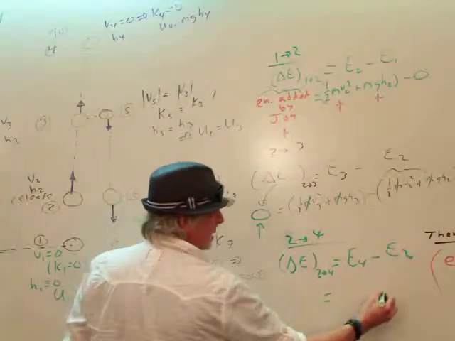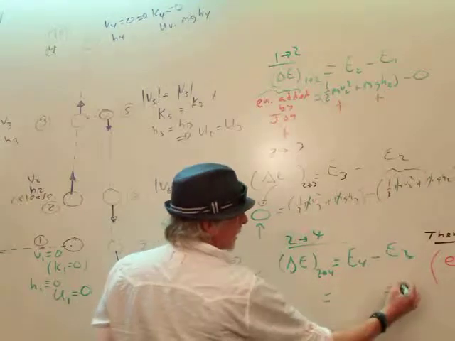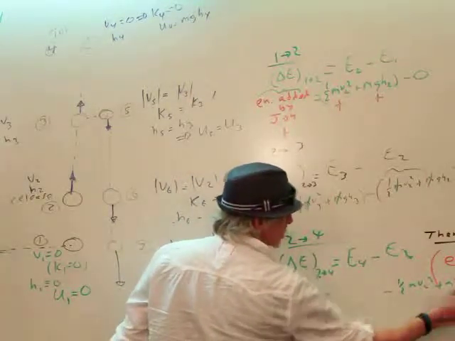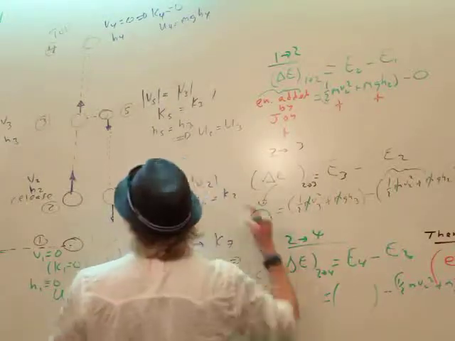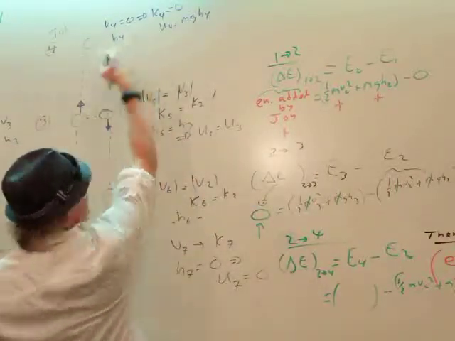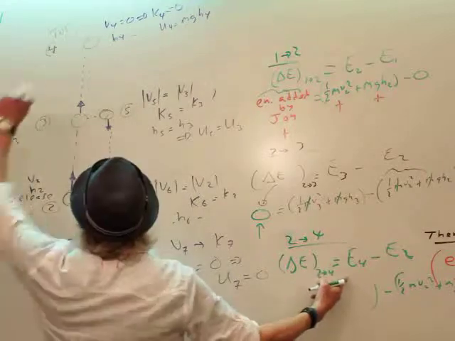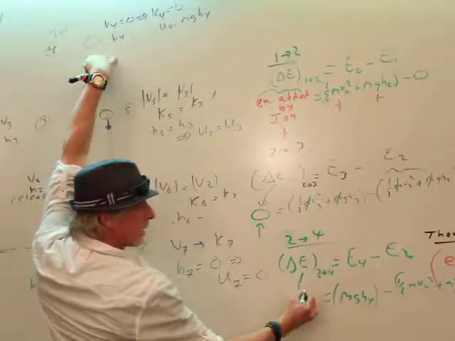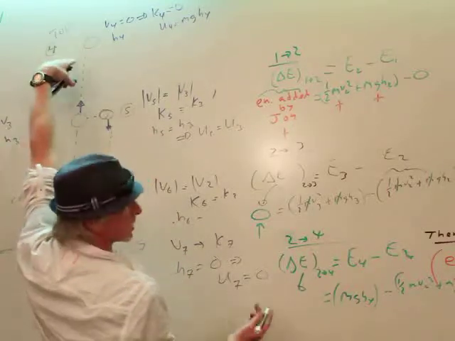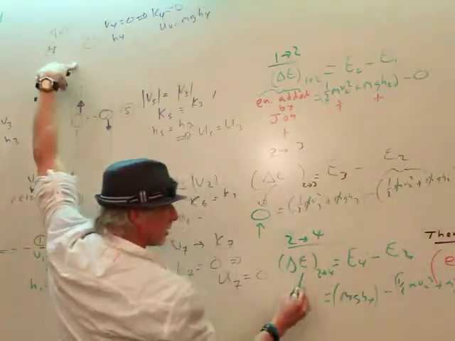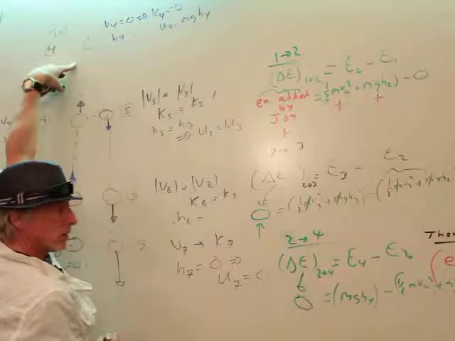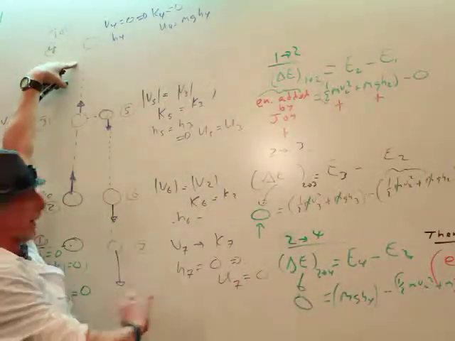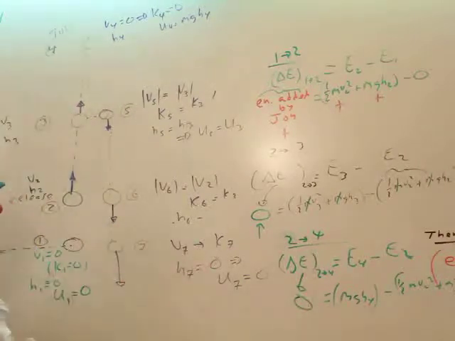E2, I got the 1/2 mv2 squared plus mgh2. And E4, oh, look at that, that's nice. I don't have any kinetic energy, do I? So I just got mgh4. And I can see there's no interactions other than gravity, which is accounted for there. So that's 0. The m's go away, easy to solve. Algebra is easy. Setting it up is the key.